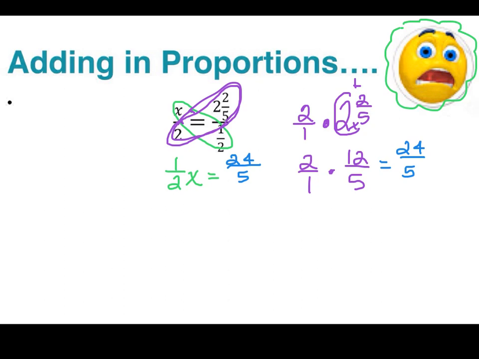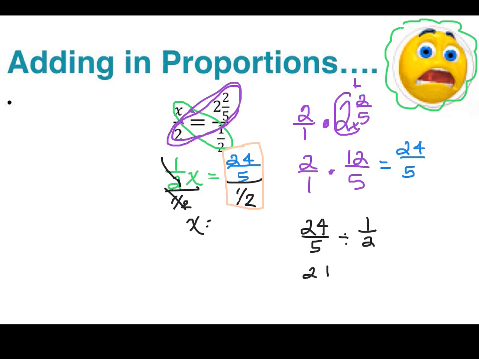Next thing I need to do is divide both sides by the 1/2, because 1/2 divided by 1/2 is just 1, so I'm left with my 1x. Again, what we just learned before, take our complex fraction right here and rewrite it horizontally, side by side to the side. So 24/5 divided by 1/2.